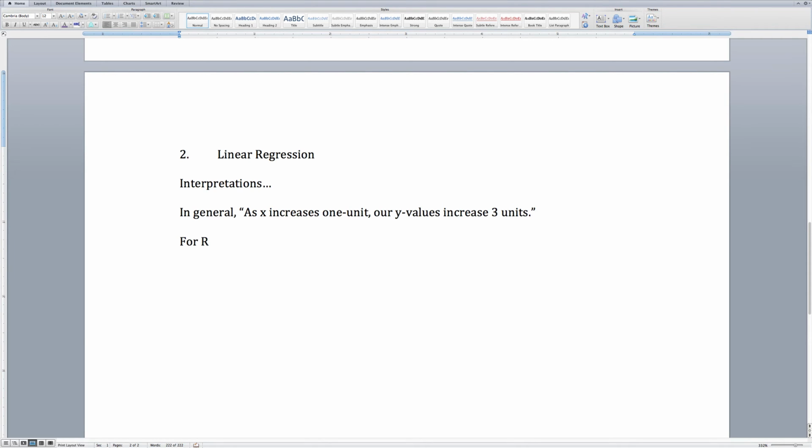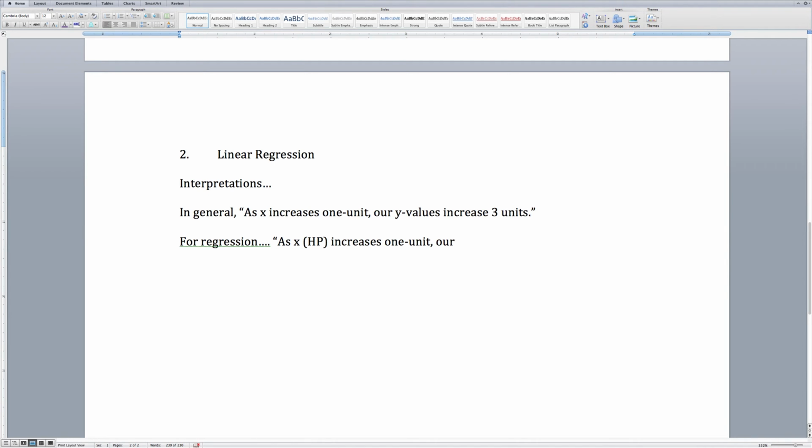Now for regression, this changes a little bit. So we would say as x, but guys, in our situation, x is horsepower. It's still going to be 1 unit.